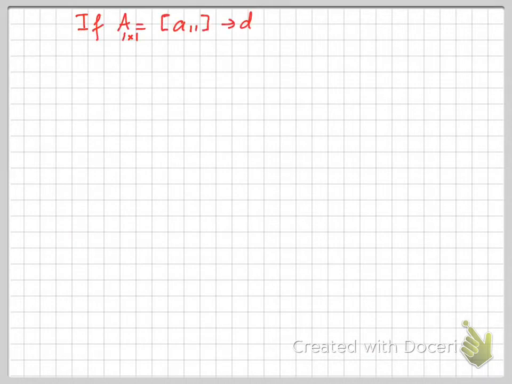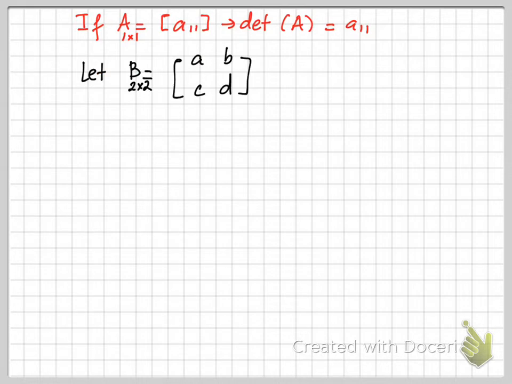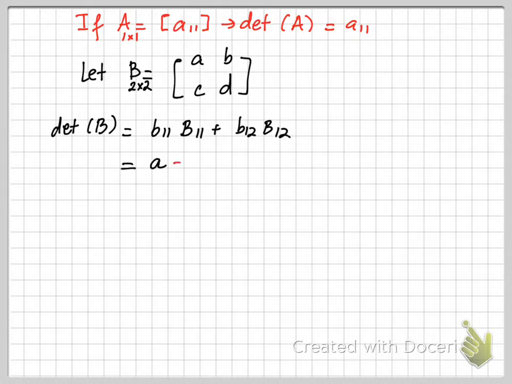Let's remind ourselves, if we have a 1 by 1 matrix, then the determinant of that matrix is just its only entry a11. Okay. If we consider a 2 by 2 matrix B, which has entries a, b, c, d, then using the cofactor expansion, the determinant of B equals little b11 times big B11 plus little b12 times big B12.